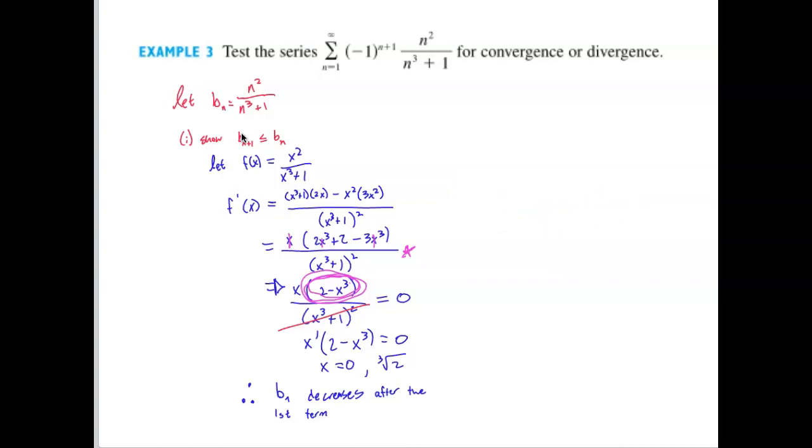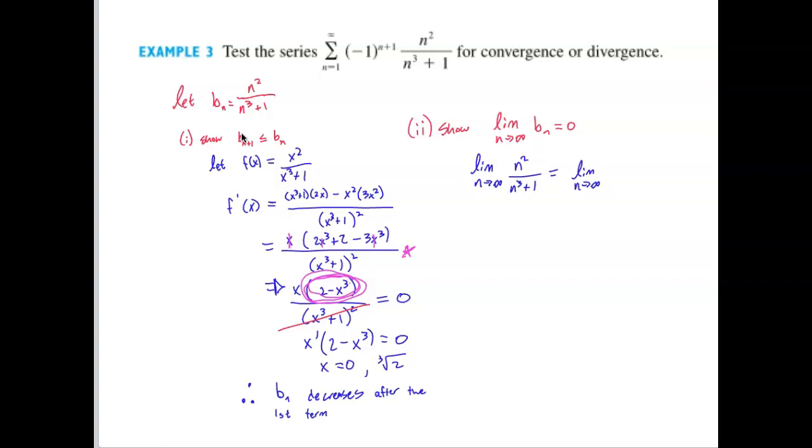Good. So the second condition, we just want to show that the limit as n approaches infinity of b sub n is 0. For us, that's the limit as n approaches infinity of n squared over n cubed plus 1. What am I going to divide everything by? The largest exponent in the denominator.